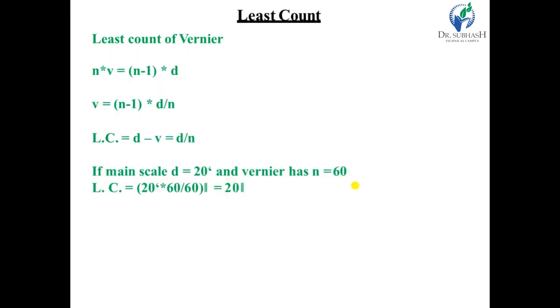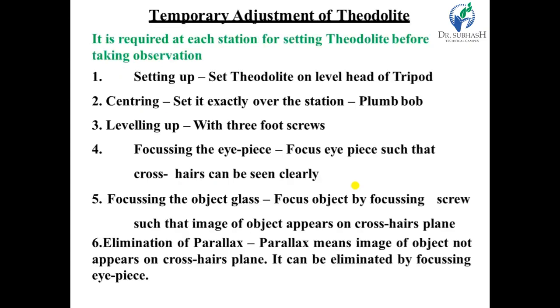That is the formula that can be used, and previously I explained how to count without the formula, right? The main scale division is 20 minutes and the vernier has 60 divisions. As per the least count formula, 20 minutes divided by 60 is the least count of the vernier, which is 20 seconds.